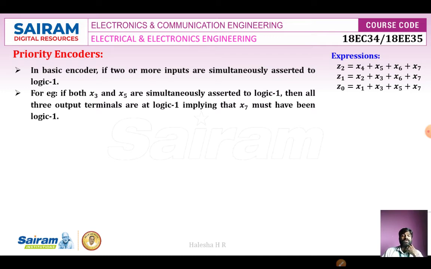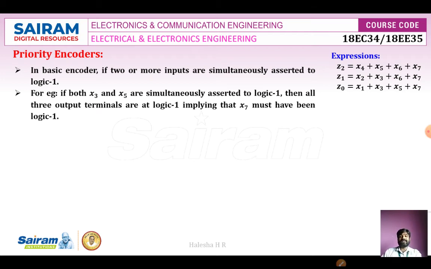And x5 is included in both Z2 and Z1. Already Z1 is 1, so Z2 is also 1. So all three outputs become 1, which corresponds to x7. If both x3 and x5 are selected, we are expecting output for either x3 or x5, but we are getting the output x7. This is the problem.